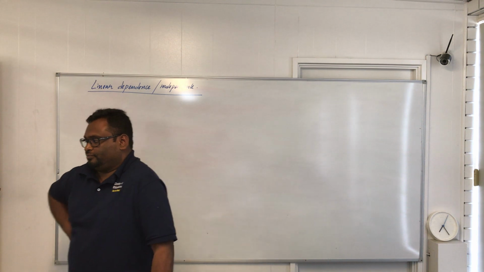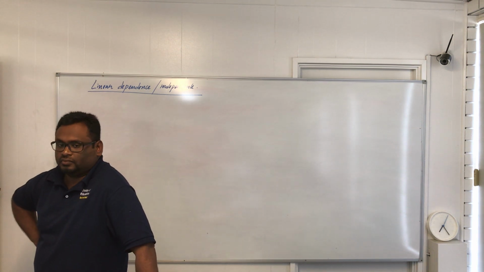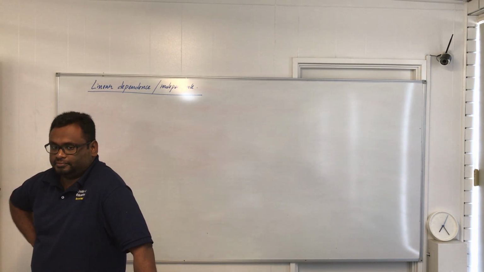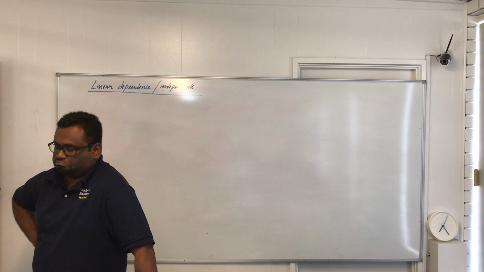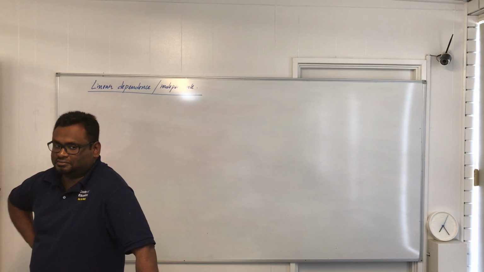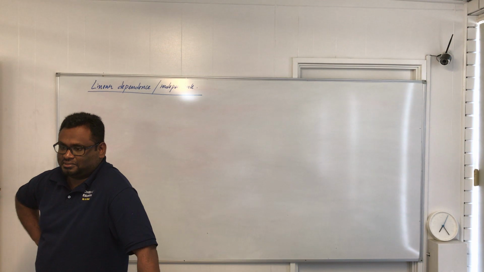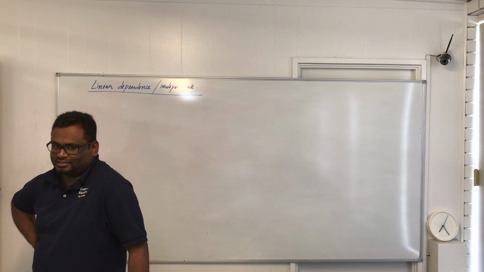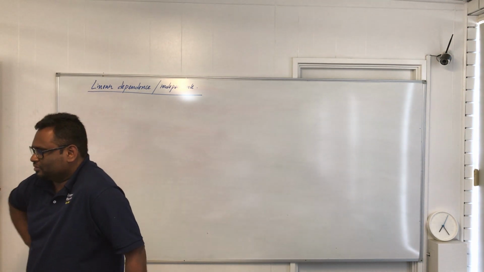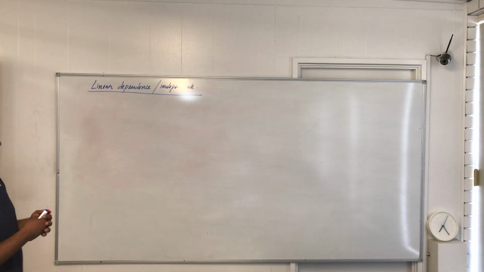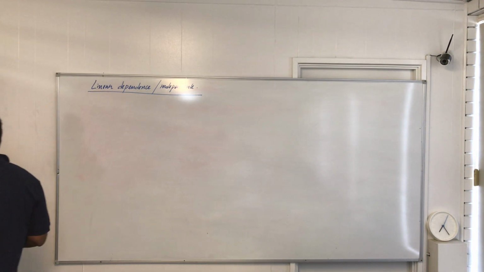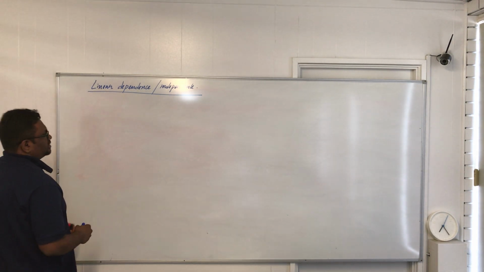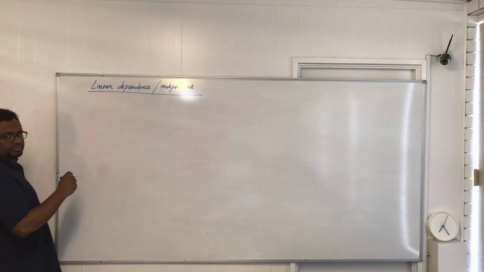Because x y would be the average. But you have to prove it. Common sense says that yes. I know, but you have to prove it. So linear dependency and independency. It doesn't say prove, it just says express.